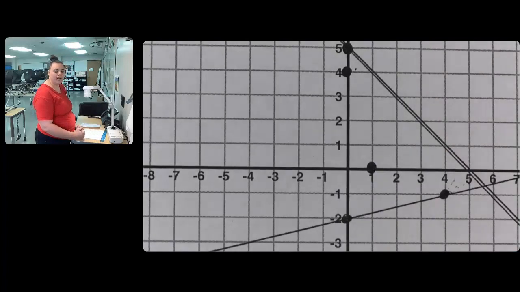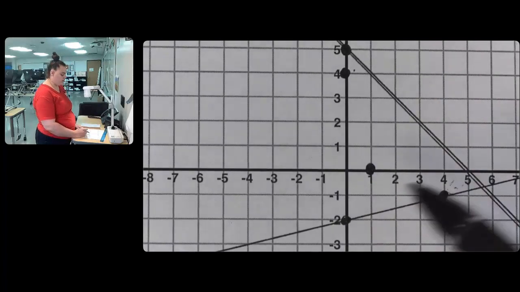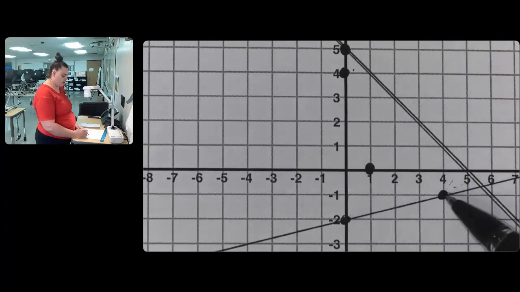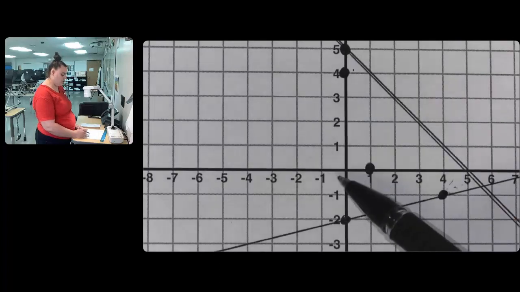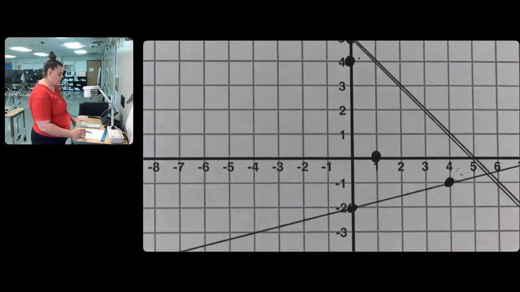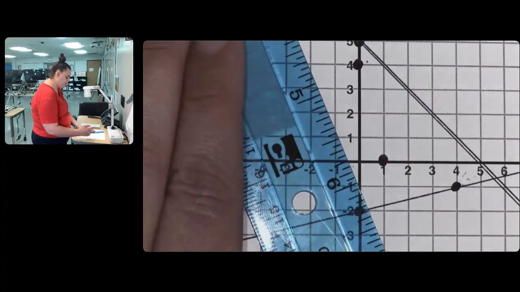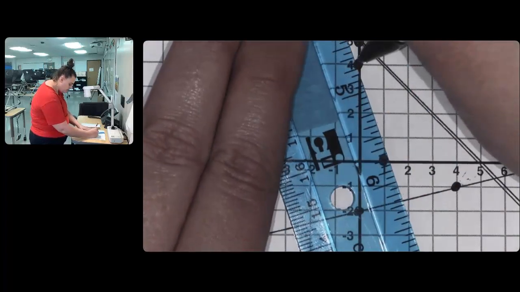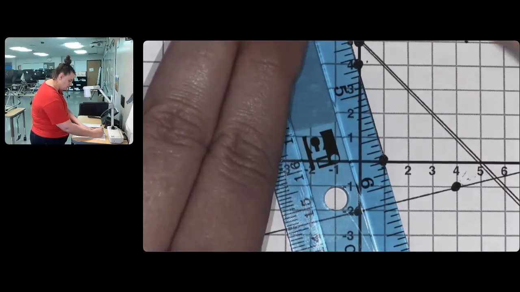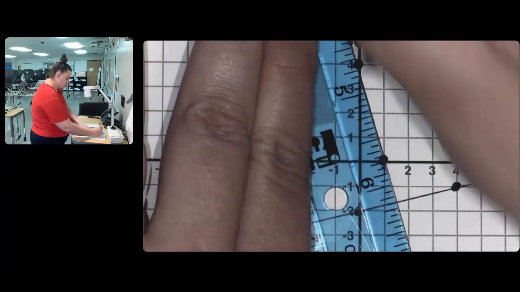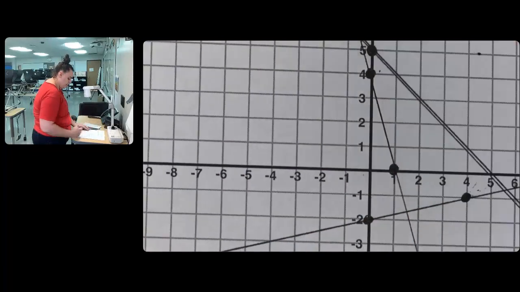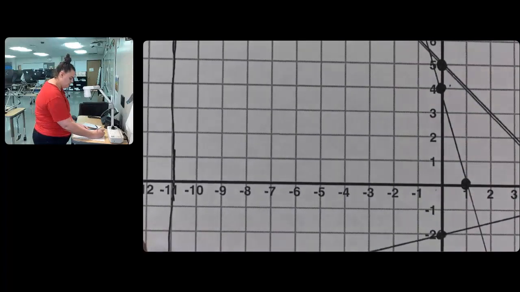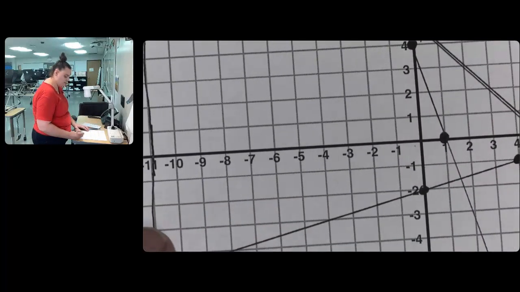So again, going down instead of up, and then this one went up 1, right 4, so now I'm going down 4, right 1. So I'm flipping that around. I'll connect these 2 points. And finally label that with my next number, line 6.